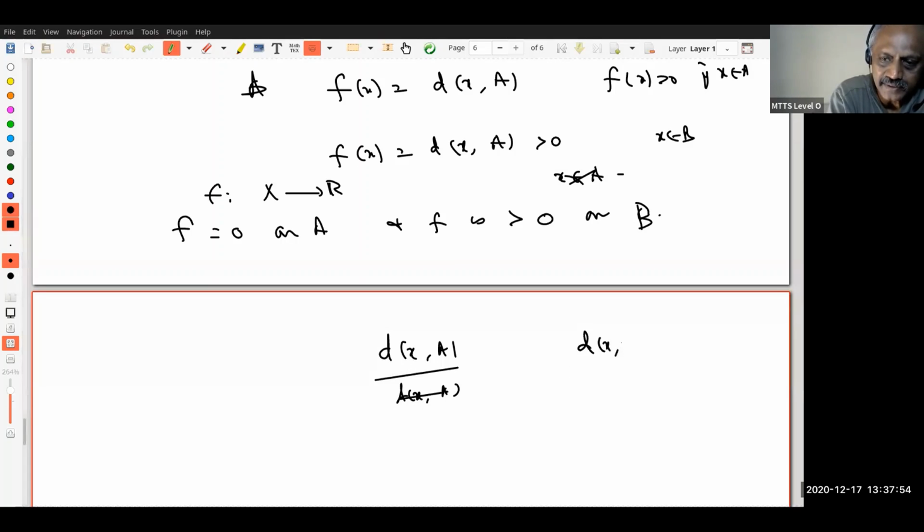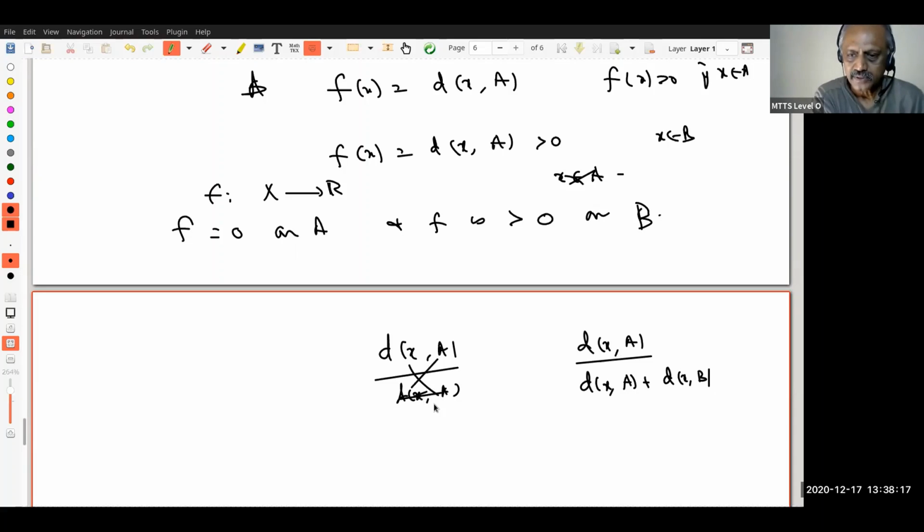Therefore, I may try with d(x,A) by d(x,A), but I know d(x,B). You understand that? Okay, this will not work. And similarly, d(x,B) by d(x,B) also will not work, because when x is in the corresponding closed set, this will be 0 by 0, right?